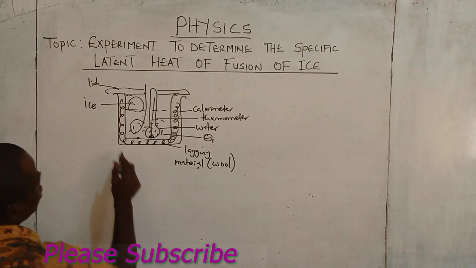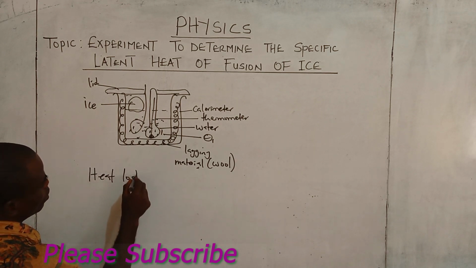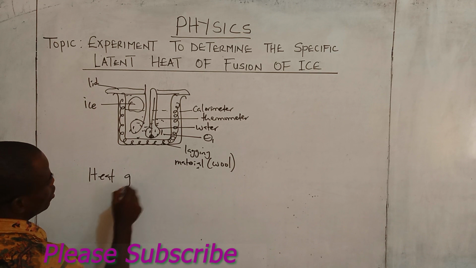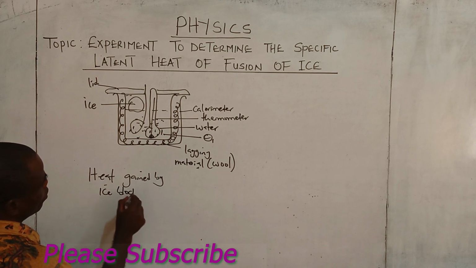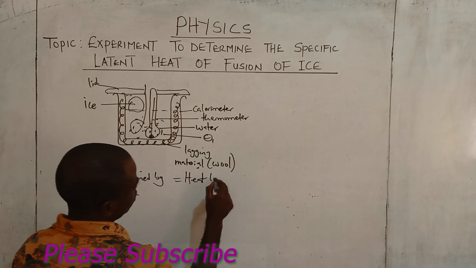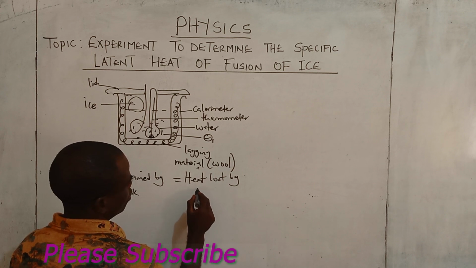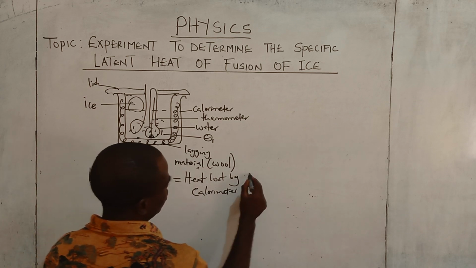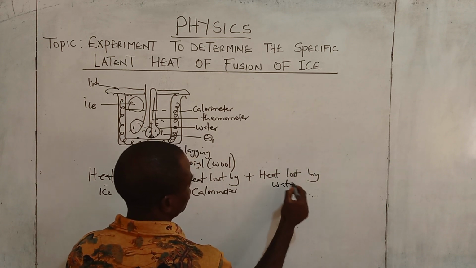In this case, heat gained by ice block equals to heat lost by calorimeter plus heat lost by water.